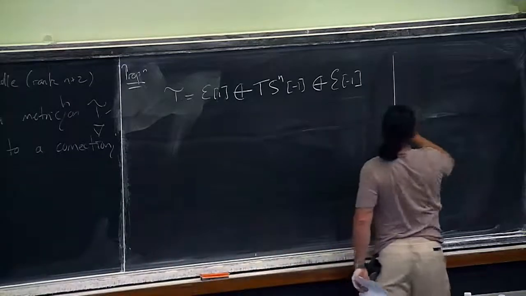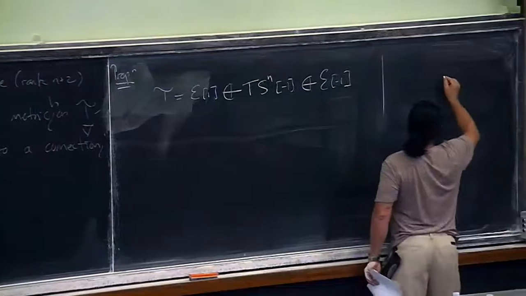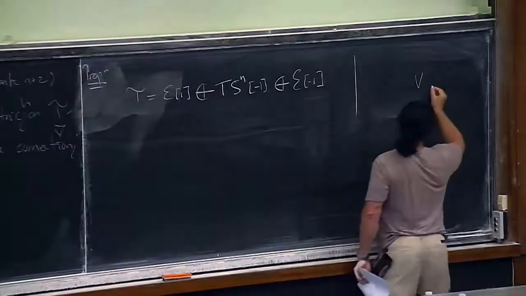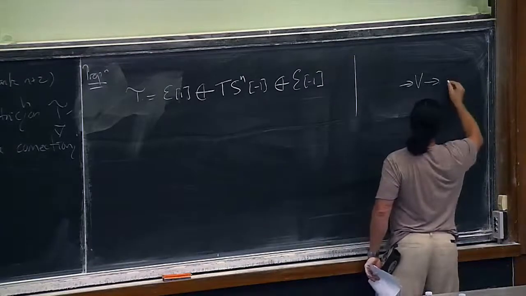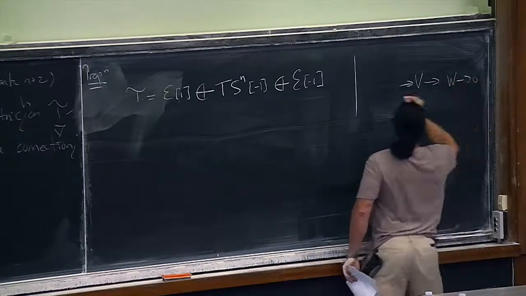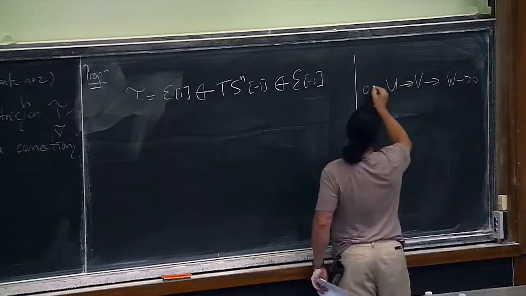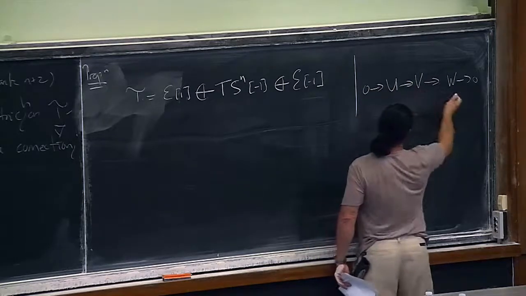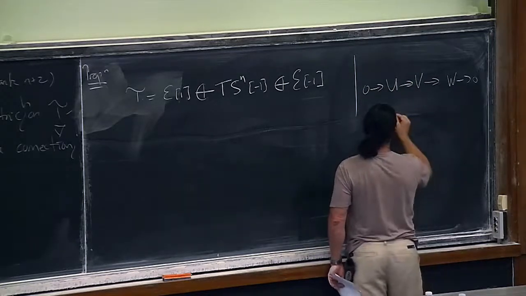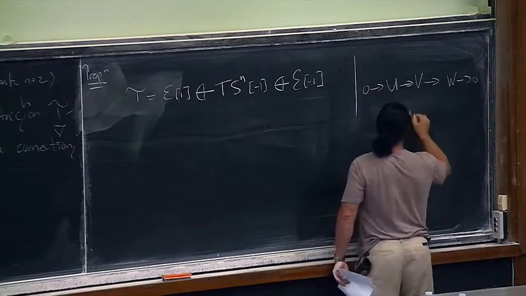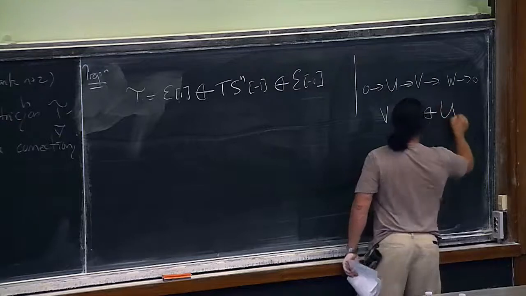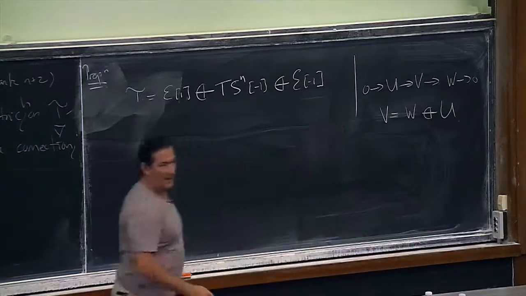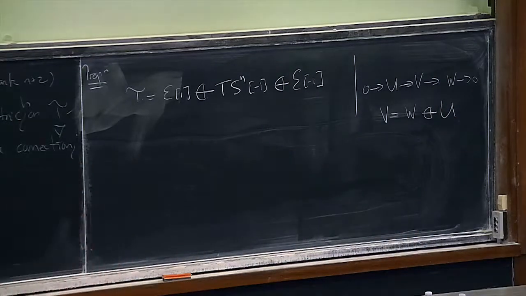Okay, so what's this notation? If you have a vector space V, and you have some sort of quotient space W, and you have a subspace U, then V has this filtration, and I'll write this briefly as V is W semi-direct sum U. And then I'll use the same notation for bundles.